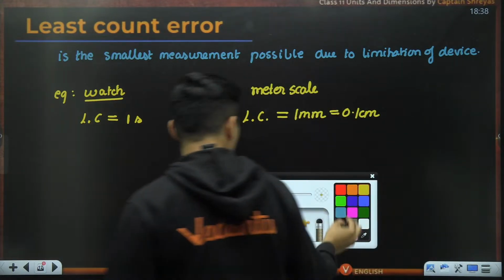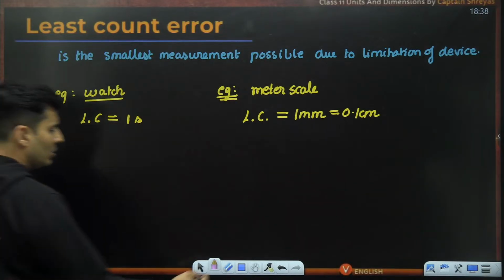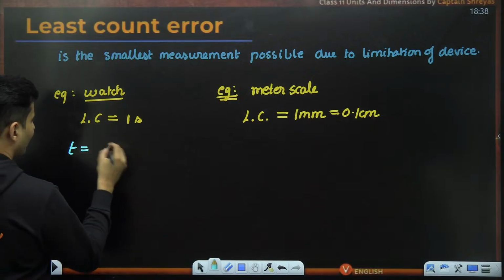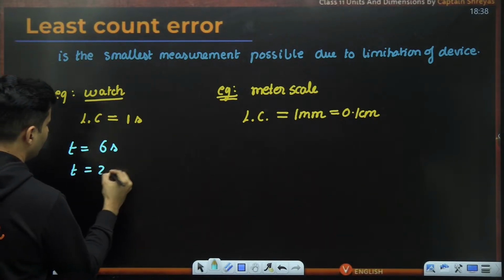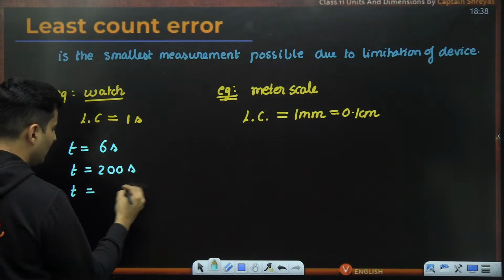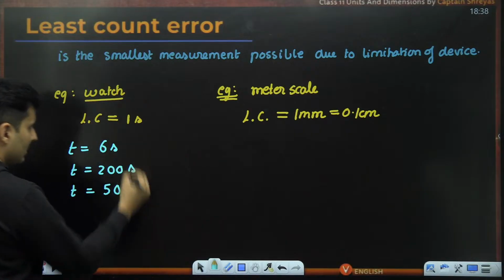So say for example, some person measures time using a watch. The person can say the time is maybe 6 seconds, or the time is 200 seconds, or the time is maybe 503 seconds. All this is fine.